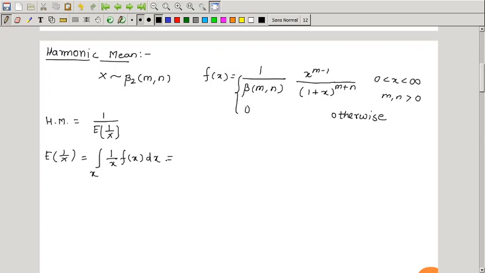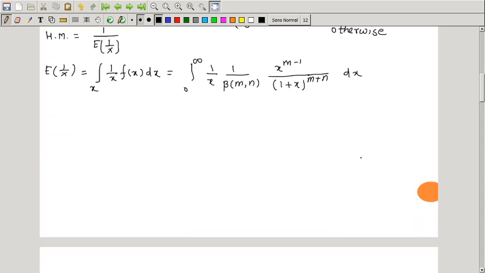So here x goes from 0 to infinity, 1/x times your density function 1/B(m,n) x^(m-1)/(1+x)^(m+n) dx. 1/B(m,n) is a constant and is outside the integration sign.